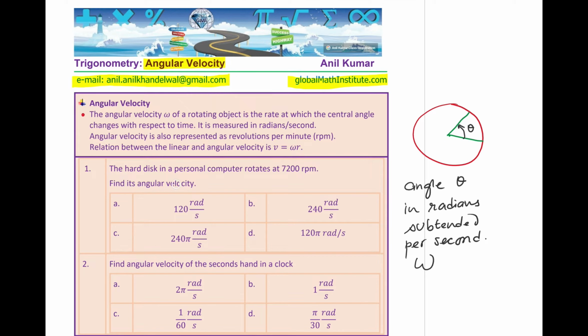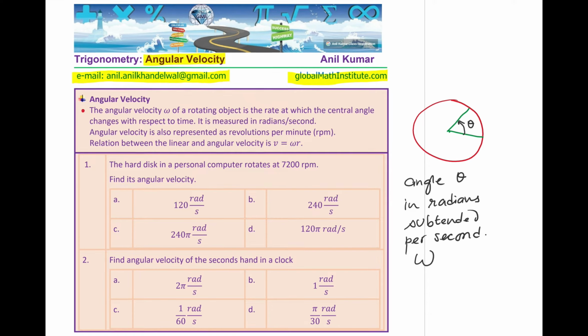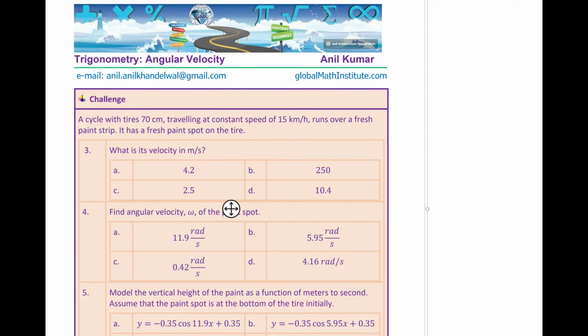So whenever we say angular velocity, the units will be radians per second. 4 choices are given to you. You can answer this question. The second question here is, find angular velocity of the seconds hand in the clock. Again, there are 4 choices. Here are the other 3 questions.